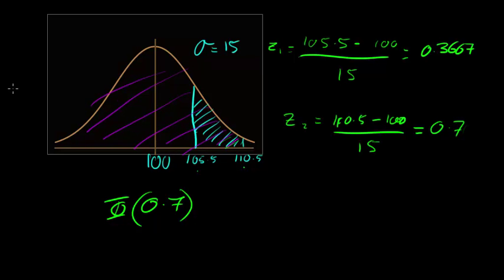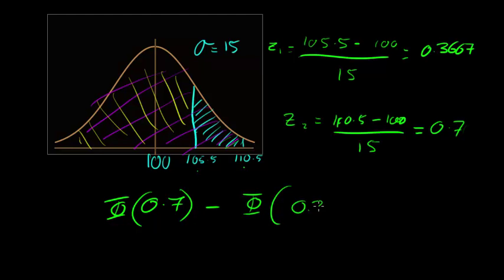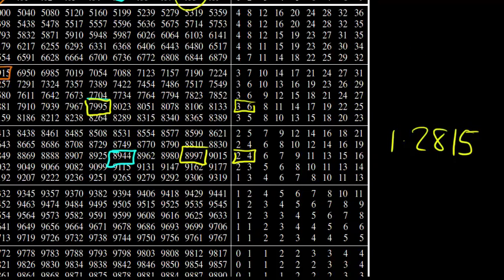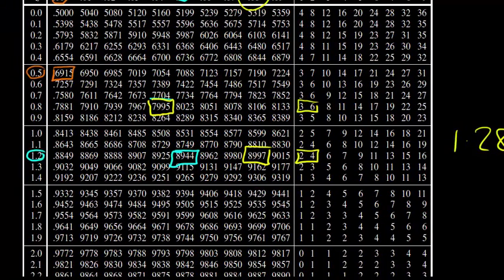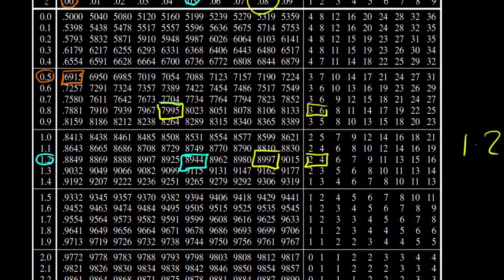Then I'm going to minus the bit in yellow, which is all of that, and that should give me my final answer. So I'm going to minus phi of 0.3667. For that I'm going to need my tables.